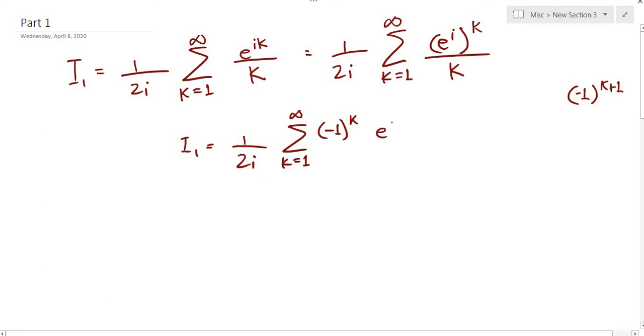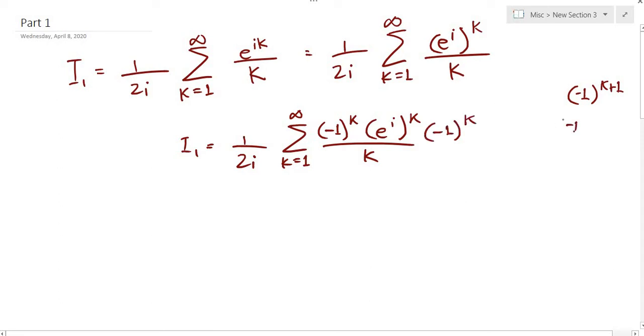and we have e raised to i to the kth power divided by k. But since we are introducing negative 1 to the kth power, to maintain equality we'll also have to multiply by negative 1 to the kth power. You know why?